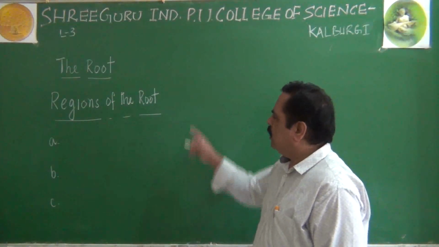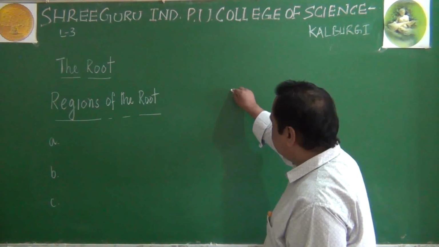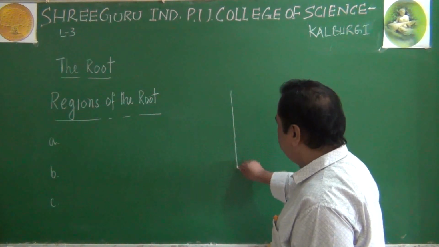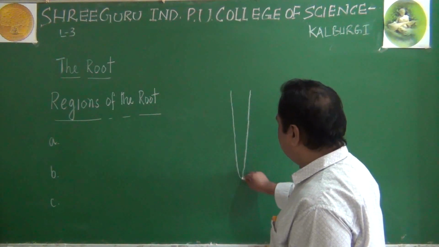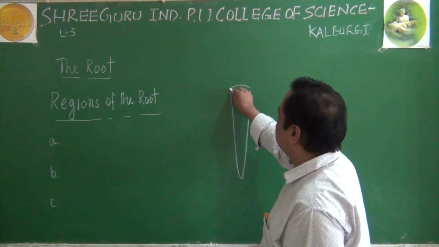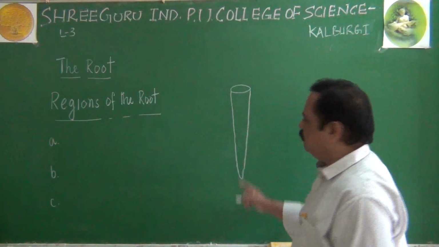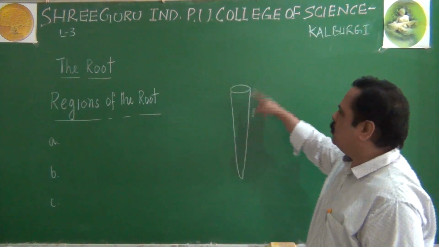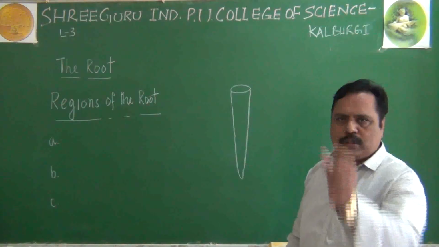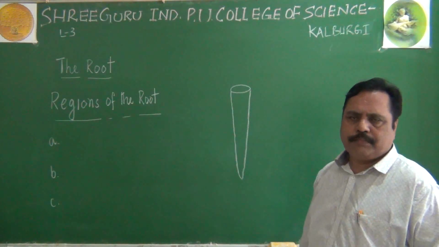Listen to me. Imagine now, this is the main primary root. We are going to see here the primary root of this taproot system. Of course, above this there is a stem and it is present below the soil. This is the root we are talking about, taproot system.